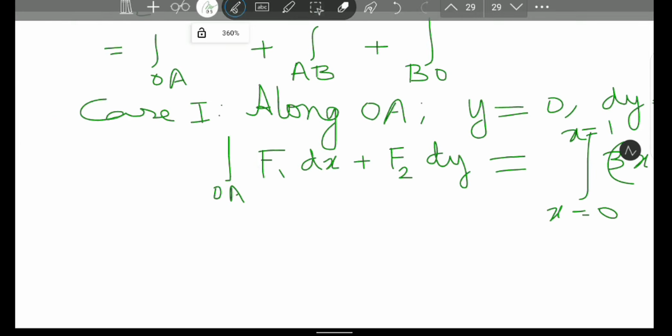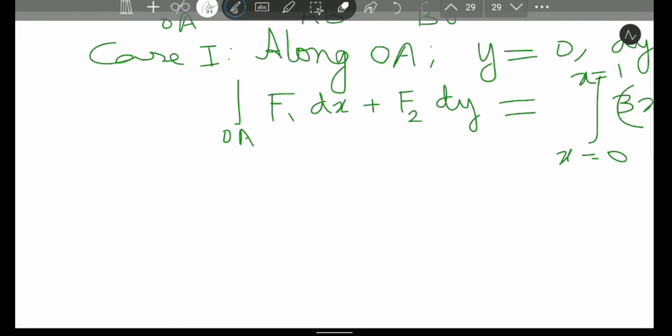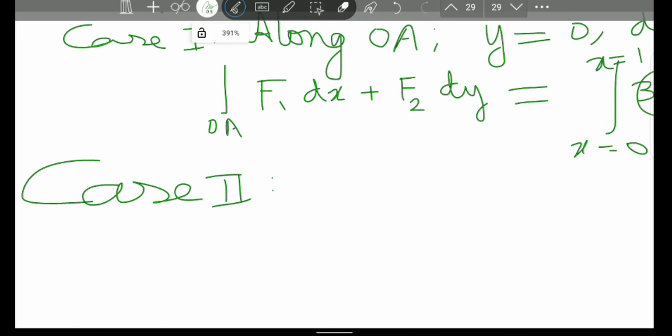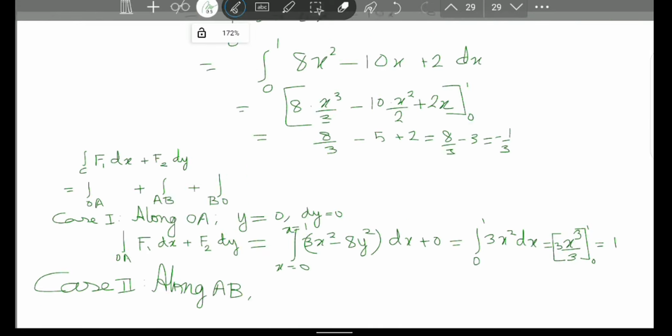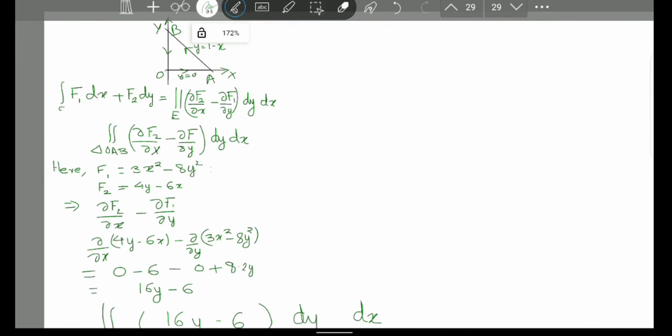Now case 2. We are moving from O to A and then from A to B along AB. Okay, let's look at the figure. What do we have along AB?